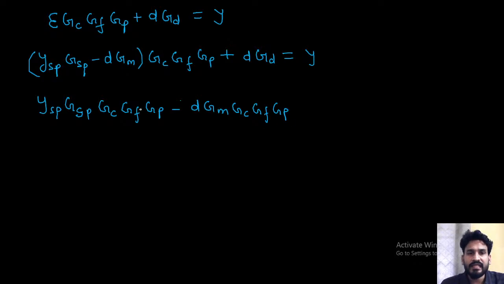I didn't do anything, I just tried to open the bracket. Plus DGD is equal to Y. It is clear to you? Right? Done?